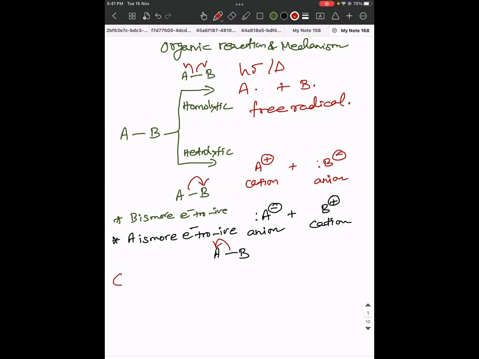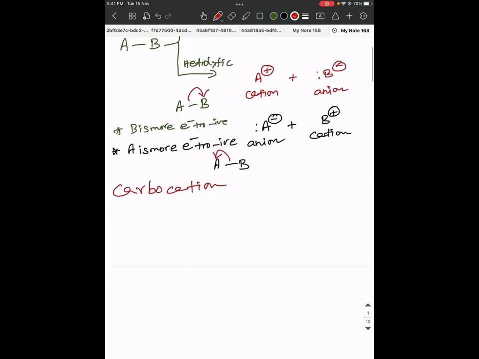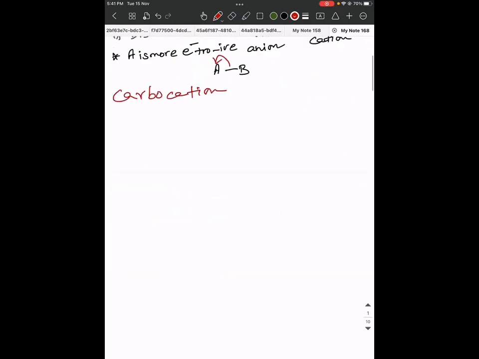A carbocation is a carbon which bears a positive charge, that means it is electron deficient, or otherwise we can call it an electrophile. Yesterday we didn't see electrophile and nucleophile. First we'll go for electrophile and nucleophile, and then we'll come to carbocation and carbanion. Then it will become easy.